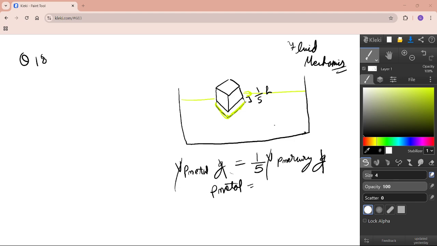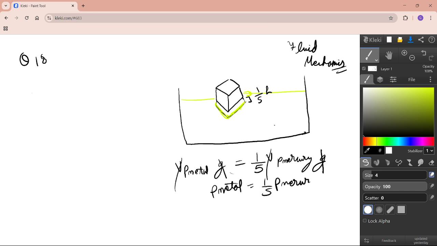So the density of metal is one-fifth the density of mercury.